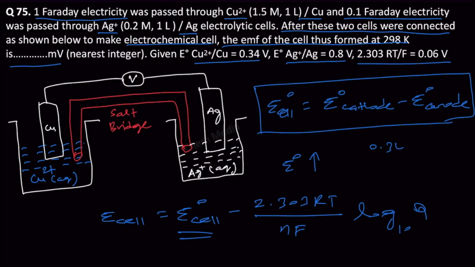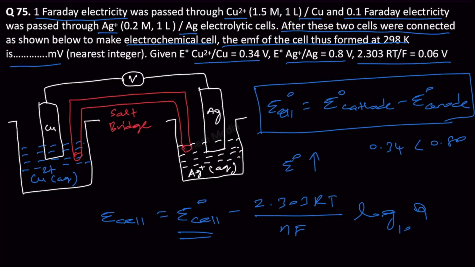Here 0.34 is definitely less than 0.80. So a higher and more positive reduction potential indicates that a species has a greater tendency to gain electrons and get reduced easily. So a higher standard reduction potential means it has the oxidizing tendency. It is a measure of the oxidizing tendency, isn't it?